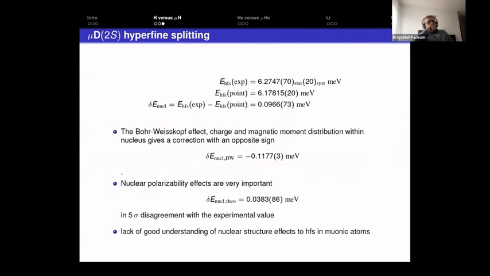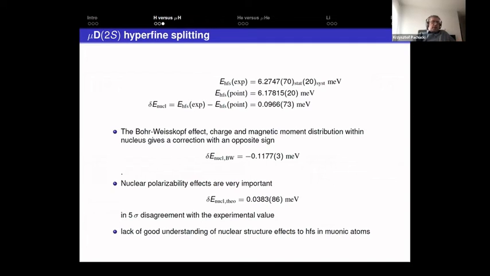What is interesting is that not only the proton charge radius disagrees, but also the hyperfine splitting in muonic deuterium. The reason I'm mentioning it is that in contrast to the isotope shift, we don't have a very good understanding of the hyperfine splitting.